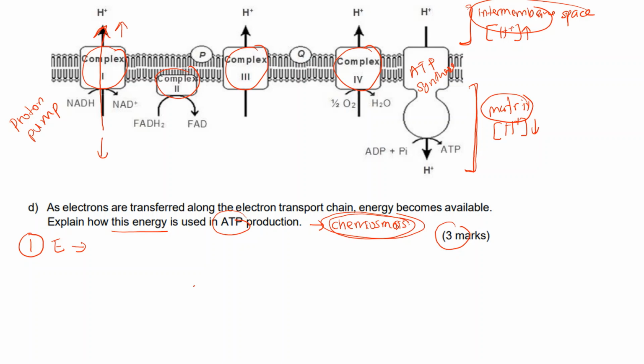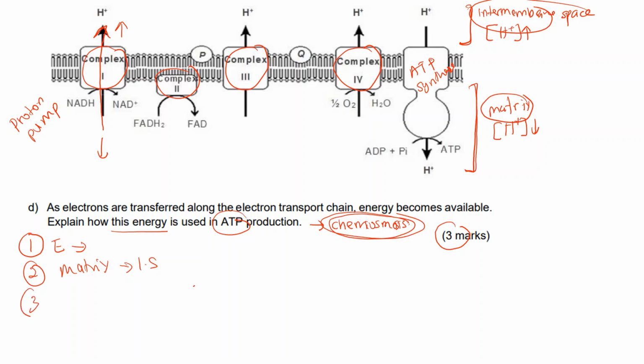So that is for the first point: energy from the electron is used to pump protons using proton pump. For the second point, you mention from where to where: from matrix into the intermembrane space.